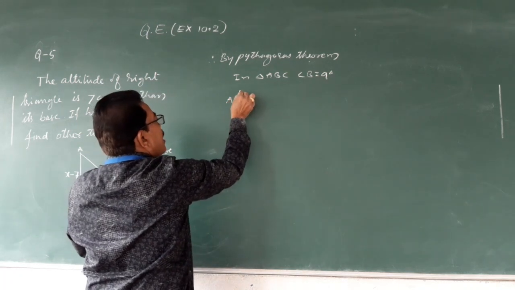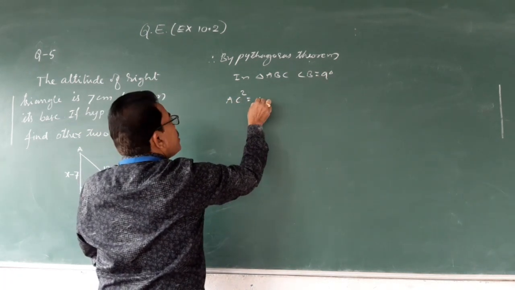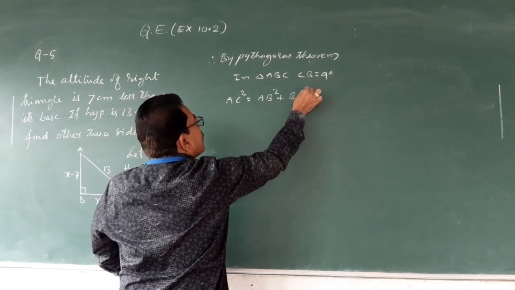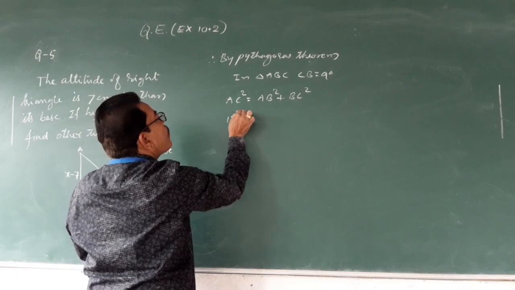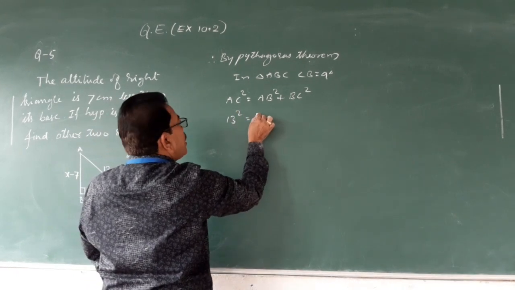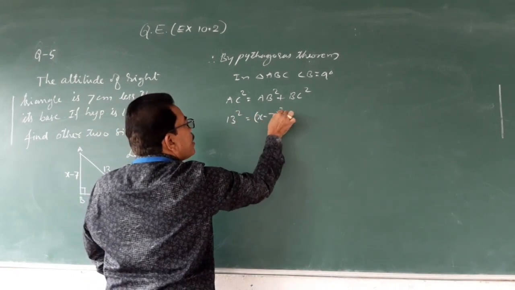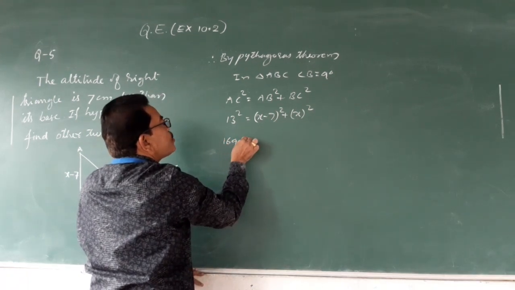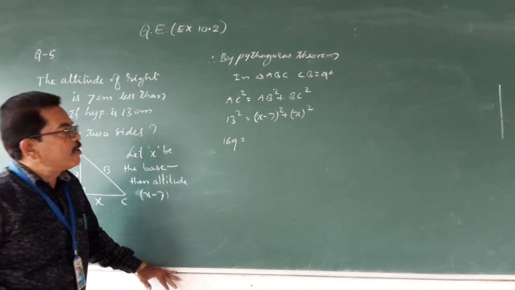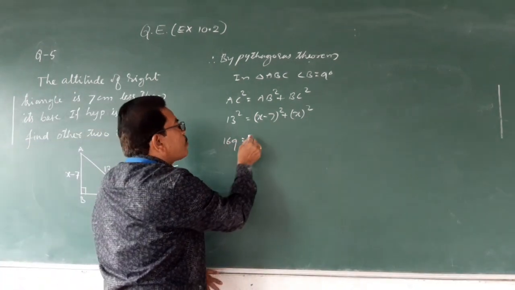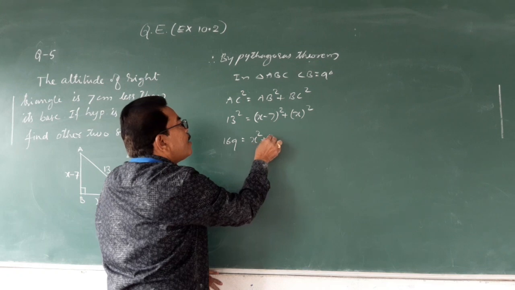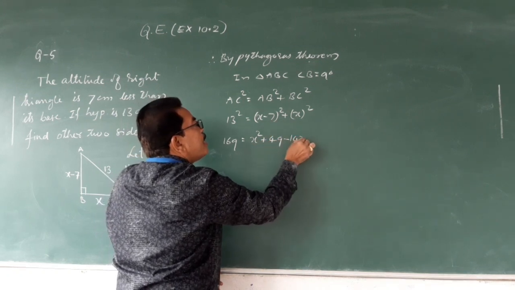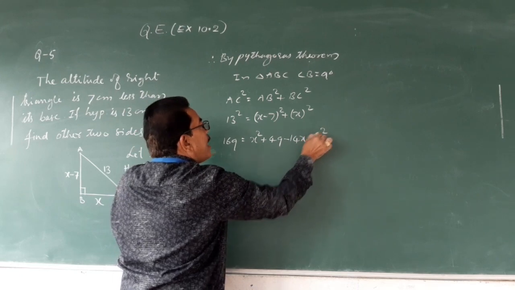Therefore, AC square equals AB square plus BC square. That is, AC means 13 square equals AB, x minus 7 square, plus BC, x whole square. Okay, 169 equals x minus 7 whole square plus x square. That is x square plus 49 minus 14x plus x square.